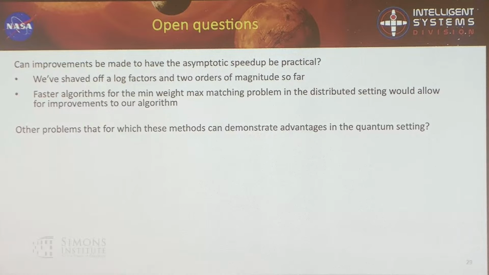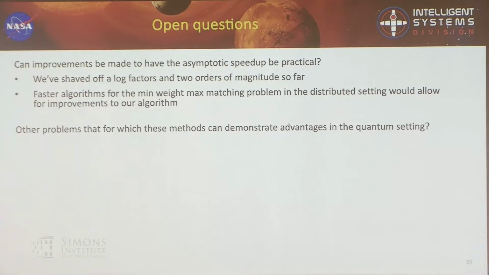What we also recognize is that if there are faster algorithms for the min-weight max matching problem in the distributed setting, that would allow for improvements in the algorithm, but we haven't been able to figure out how to do that yet. So if people have ideas on that, that would be great. That, of course, has applications to other things like decoding. Maybe a tantalizing problem for many people.